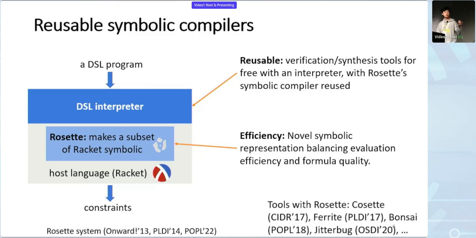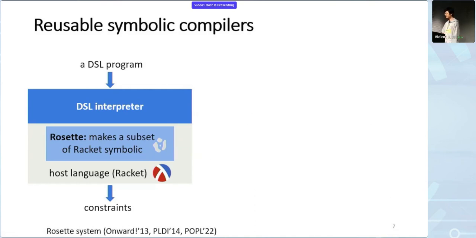There have been many tools developed with Rosette with this workflow. They are solving a wide range of different problems like databases or file systems. These have shown that Rosette has made program reasoning more accessible to wider communities and not just for PL people. However, we still find something that we can improve in the system.